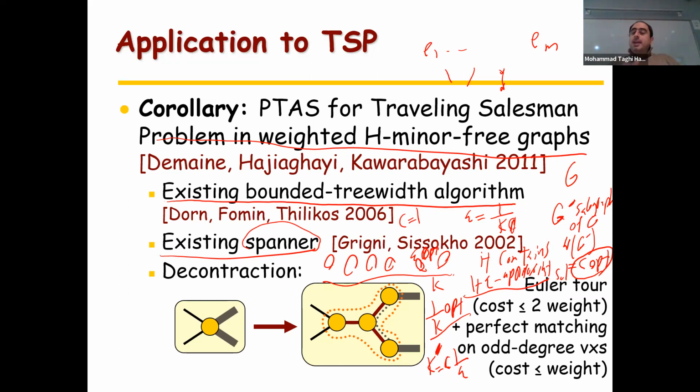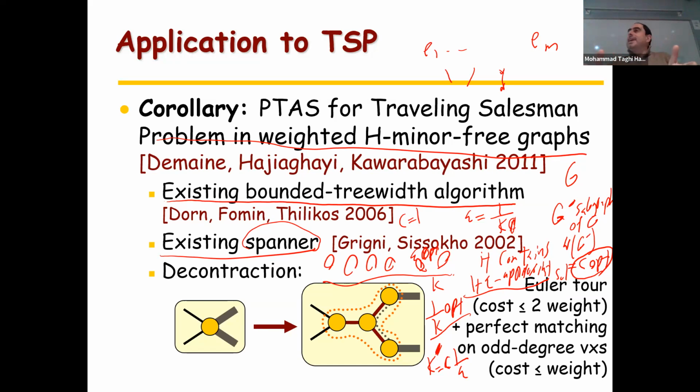This is the issue. Here, we need to use the contraction theorem. If you don't use the contraction theorem, then these edges that you have deleted are a problem. Here, you want to make sure that you are going through all vertices of the graph. This is a TSP. You want to find the tour that goes through all vertices of the graph.